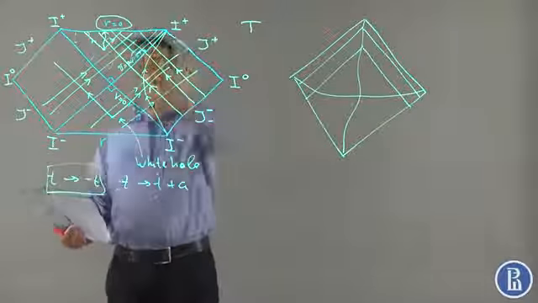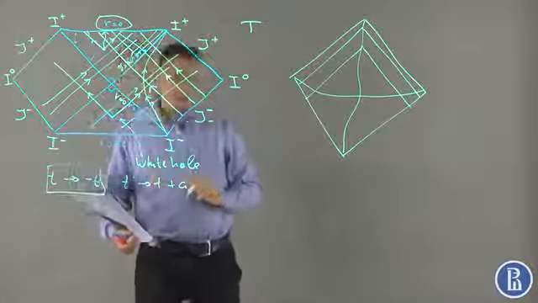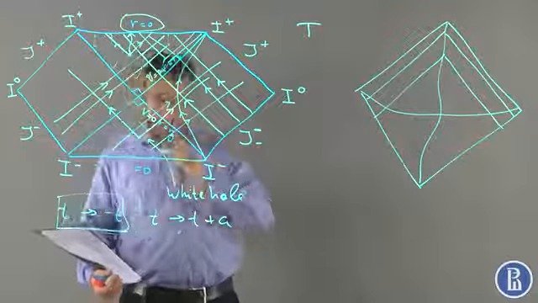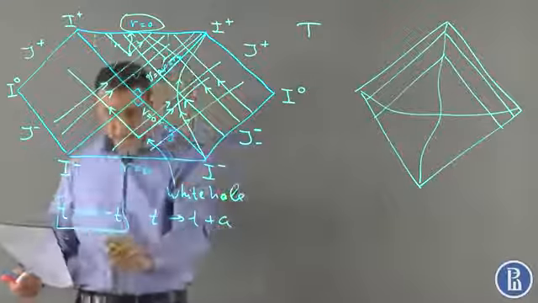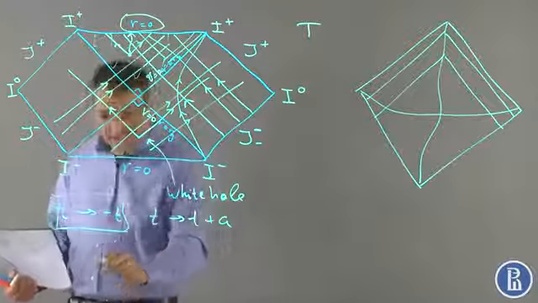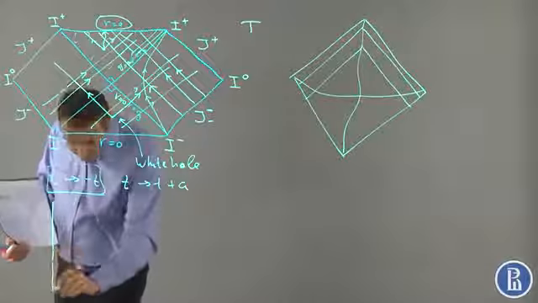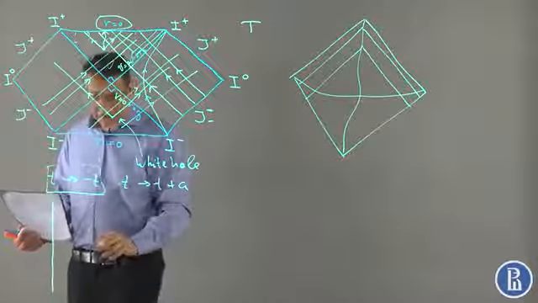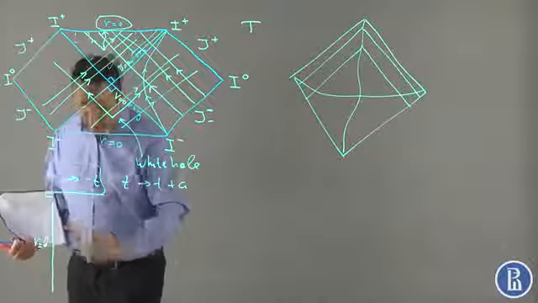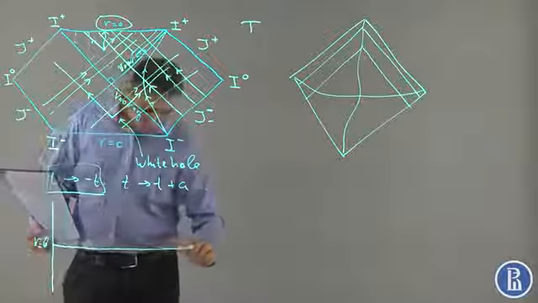But this fact that I described to you can also be observed with the picture that we encountered in the previous lecture. At the very end of the previous lecture, we used ingoing Eddington-Finkelstein coordinates, and in those coordinates, this is the r equals 0 singularity, and we had the following situation.